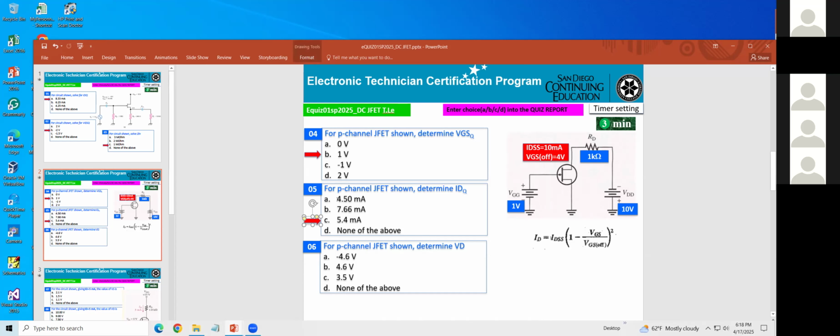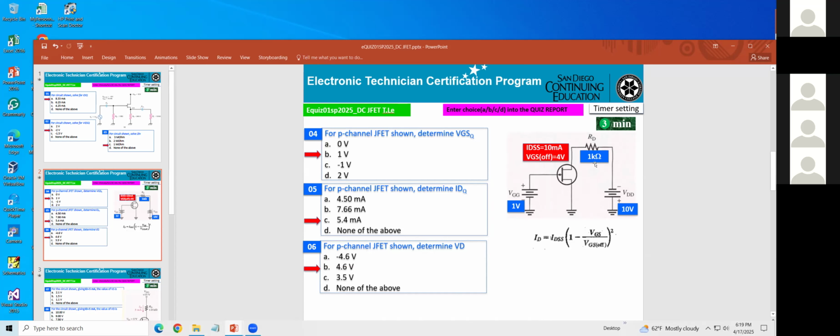Number 6 is either 4.6 or negative 4.6. Is it A? How can you turn it to positive? Okay, they want VD. Okay, let's see.